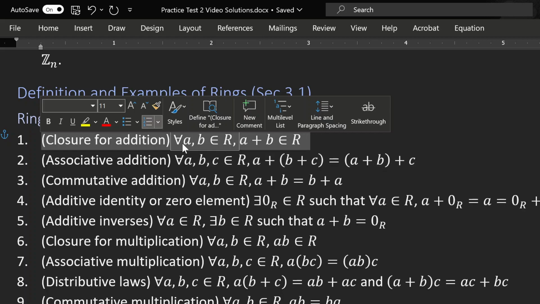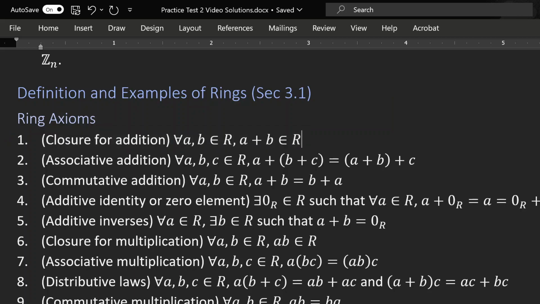The negation is there exist A and B in the ring such that A plus B is not in the ring. If you need to review your negations, remember you flip all of the quantifiers, and then for the inside statement after the quantifiers, you negate that. So the negation would be there exist A and B in the ring, or the set, such that A plus B is not in that set.